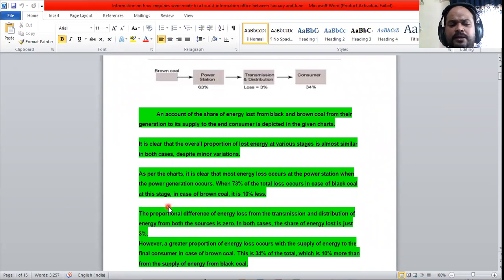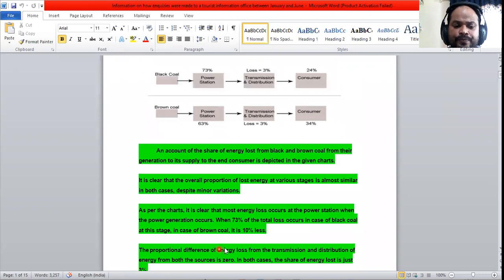Okay, anyway, we come to the second paragraph. It's very simple. The proportional difference of energy loss from the transmission and distribution of energy from both the resources is 0. How can I say that it's 0?